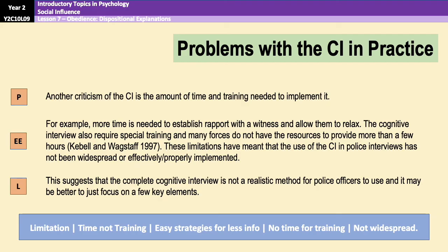So those limitations mean that actually the use of the cognitive interview in police interviews hasn't been particularly widespread, and if it has been used, then very often it's used ineffectively or it hasn't been properly implemented. So that means that there are cases when the complete cognitive interview is not a realistic method for police officers to use, and it might actually make more sense to just focus on a couple of key elements within the cognitive interview and get those right and do those properly.